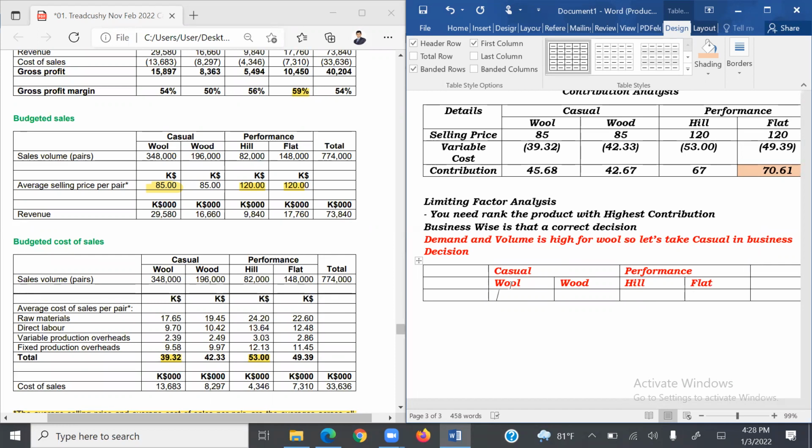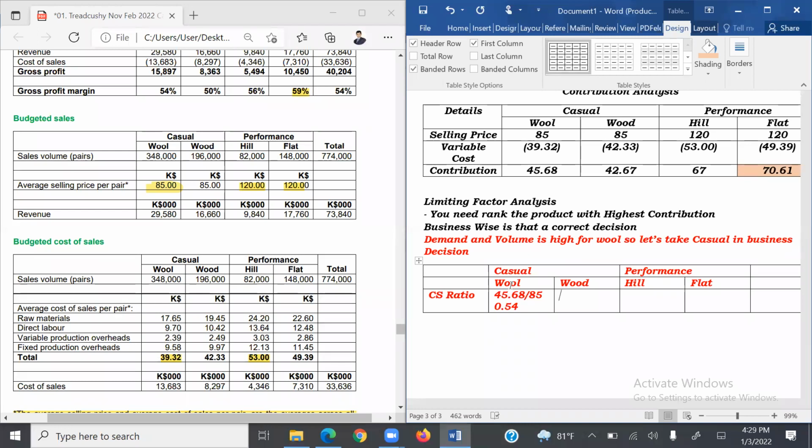Children, let's start doing something called the CS ratio. Students, if you do not mind, can you tell me the CS ratio? What is the correct equation? Contribution divided by the selling price, which is 85. So in this case, the CS ratio is 0.54, just for your understanding, students.